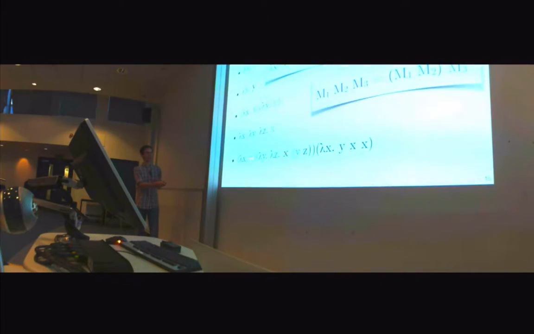So x can be bound in one place of the lambda term and then free elsewhere, as the scope of this lambda x cannot escape the brackets that it's placed inside. Y is, z is, y over here is free, and x is bound.